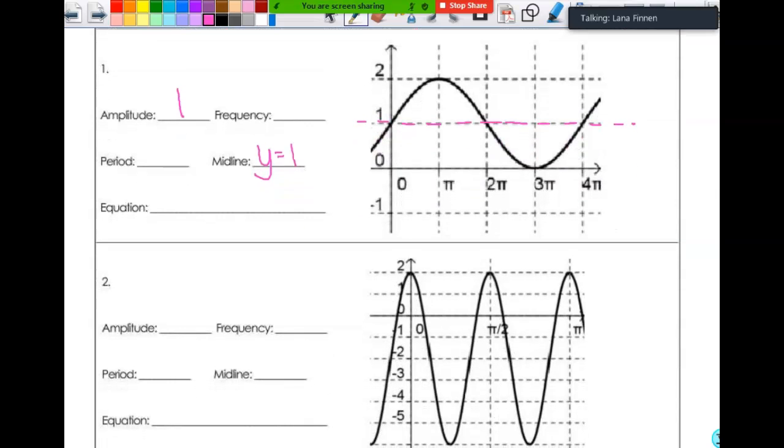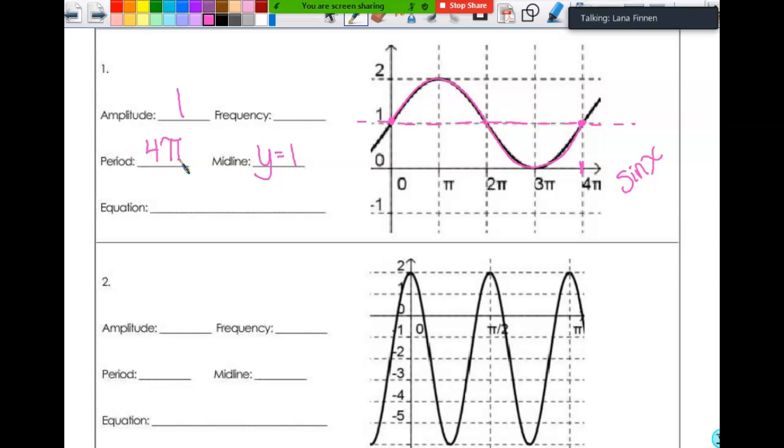Then I can trace 1 cycle of this, and when I do that, is this a sine or a cosine function? This is sine. This is a sine of x. And this 1 cycle goes through 4 pi, so the period is 4 pi. The frequency I can either get from the period or from the graph.